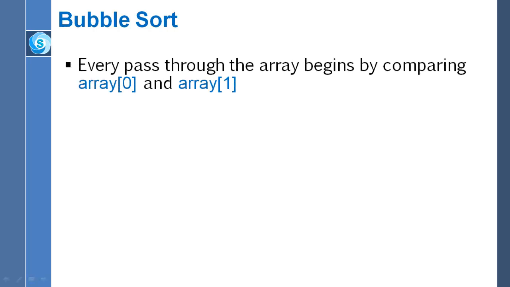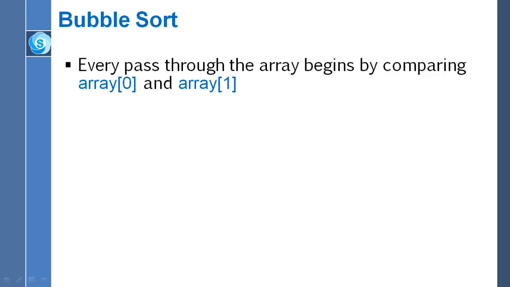If you go back and look at the code again and take a quick look at the header for the inner loop, you'll see that j always begins at 1. Since j is initialized to 1, it means that every time we do a pass through the array, that pass is going to begin by comparing array[0] with array[1], and then potentially swapping those two.